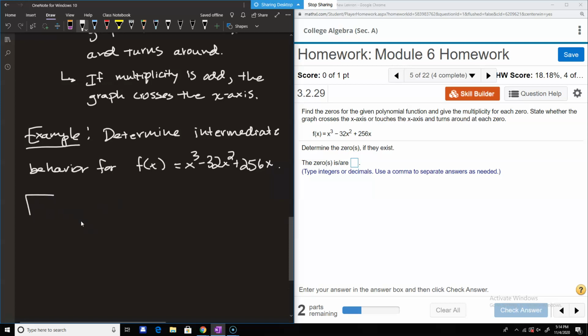Okay, so the first thing we want to do is factor this. We know we can take an x out. So that leaves us with x squared minus 32x plus 256.